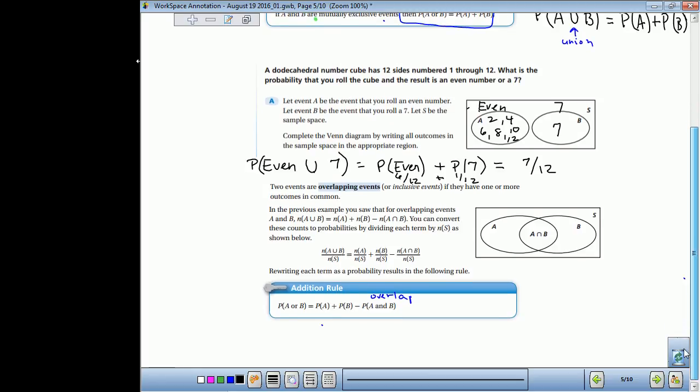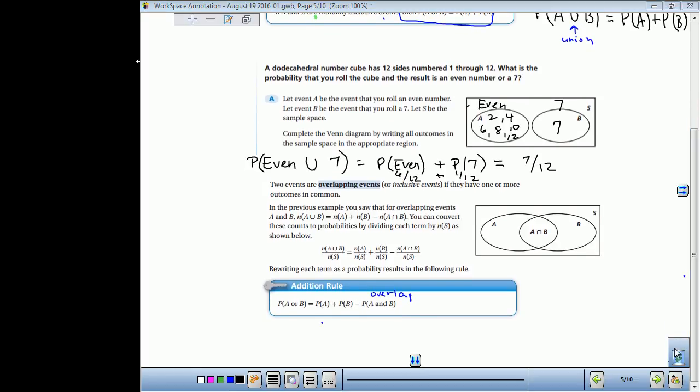All right. But not all events are mutually exclusive. Sometimes things can happen at the same time. Okay? So when they can happen at the same time, then we would have overlap. So let me give you a different scenario. Let's let event A still be an even number on this dodecahedral cube.